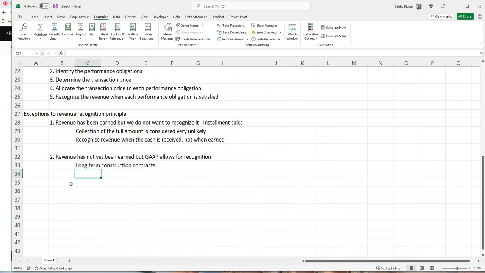So if you're 25% complete with the bridge, they're going to allow you to recognize 25% of the revenue under the contract. So let me write that down so you get a gist of it. But look at the video for homework problems 8 to 12 on the long-term construction contract, where I'll go through actually the journal entries and how it all works.